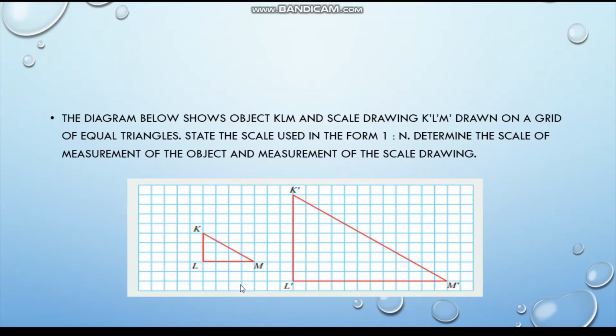KLM is the object, which means this one, the smallest one, and then K prime, L prime, M prime will be the largest one, this one. Okay, the second part we need to identify is to use the form of 1 to n, where n represents an integer. And then we have to determine the scale of the measurement of the object and the measurement of the scale drawing.